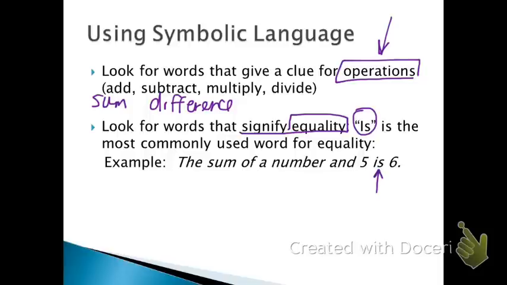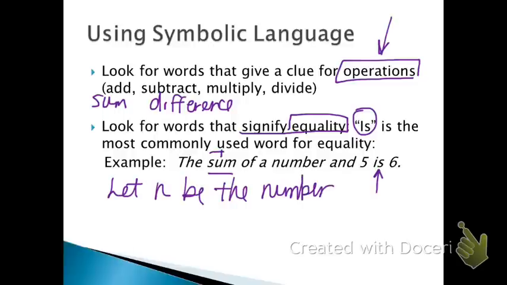So the sum, there's our addition word. The sum of a number and 5 is 6. So if I let n be the number, then I can write my statement. The sum of a number and 5, n plus 5, equals 6.